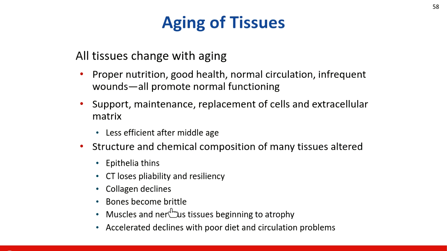Muscles and nervous tissue begin to atrophy because you're not as active. And roughly after the third decade of your life, so after your 30s, every decade after that, you lose about 10% of your muscle mass. So all sorts of issues start to occur. Usually our diets start to drop off. We just don't take as good care of ourselves. And some do.